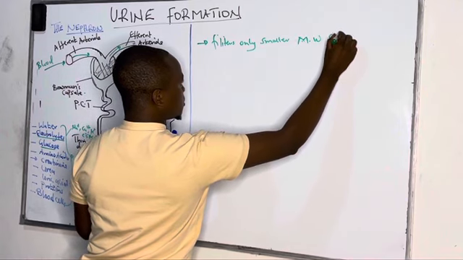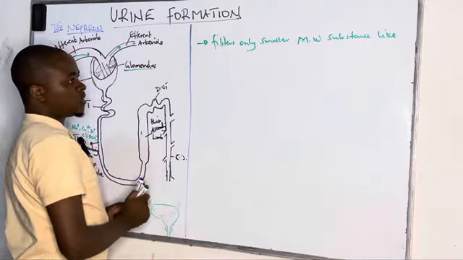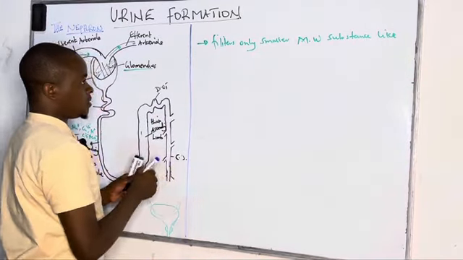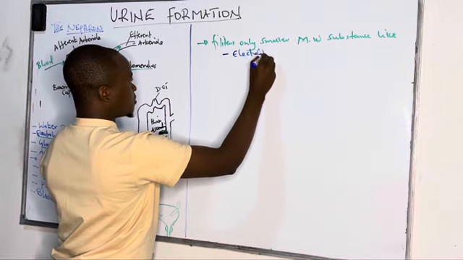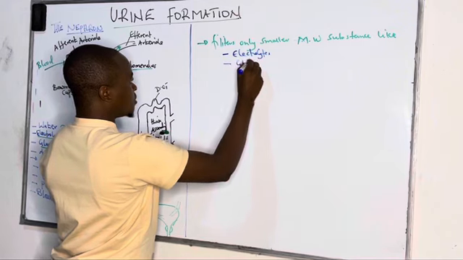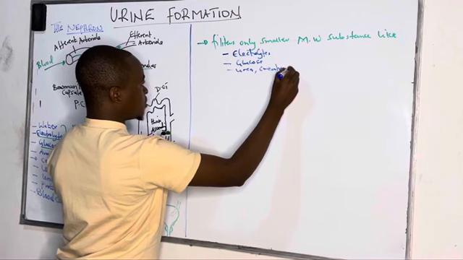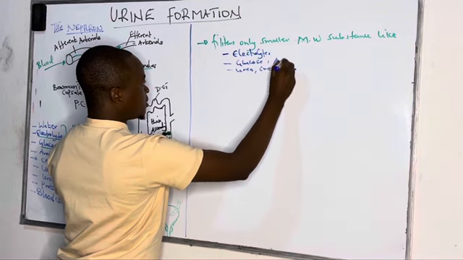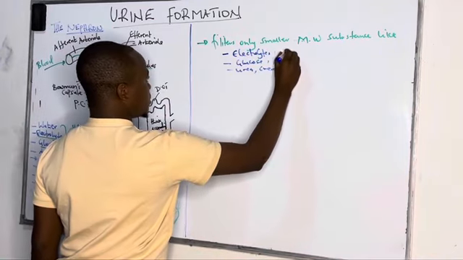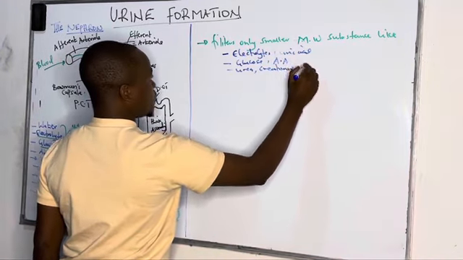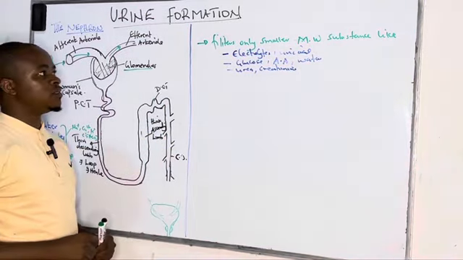Small molecular weight substances like electrolytes, glucose, urea, creatinine, amino acids, uric acid, water. All these, because they are small in size, they are filtered.